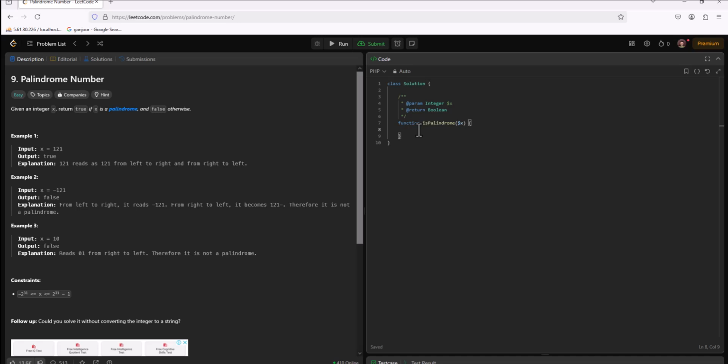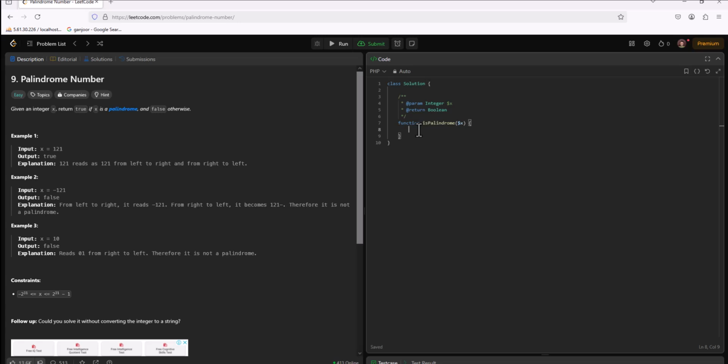For example, we can convert a number to a string and check the first letter and the last letter repeatedly, and check if all of those letters are the same or not.